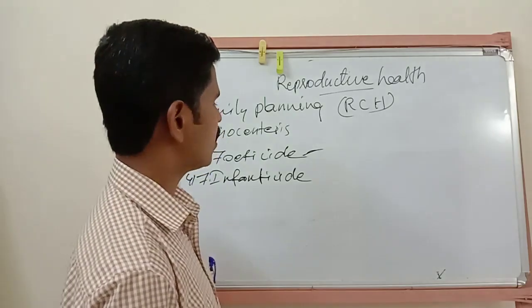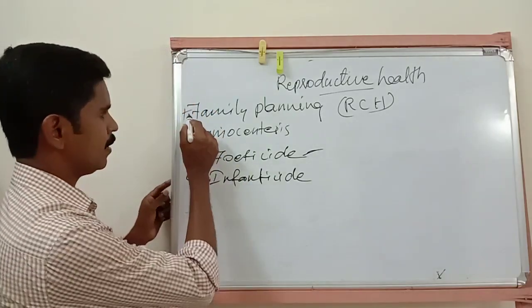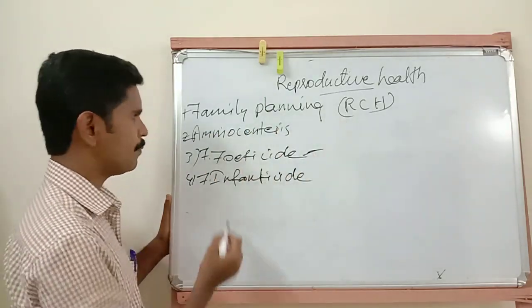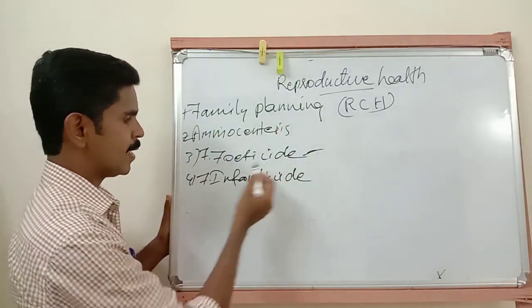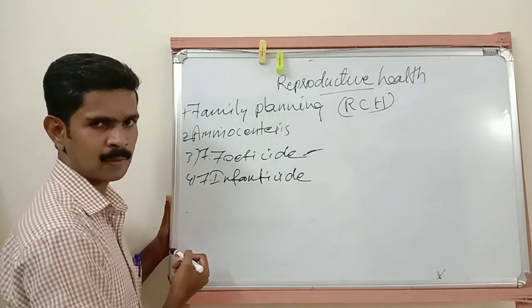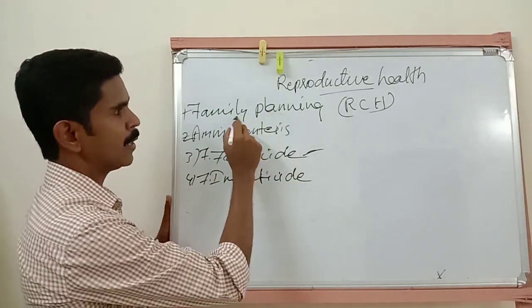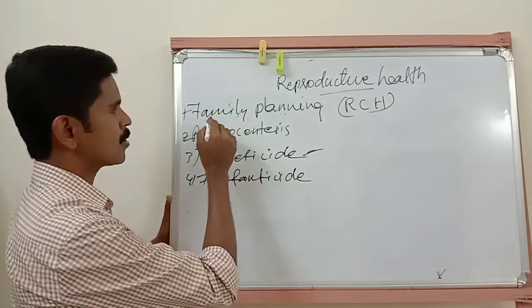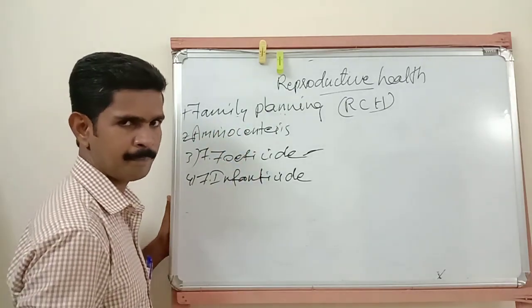So in this chapter we have studied some 2-mark questions: family planning or RCH program, amniocentesis, feticide, infanticide. For family planning, the main aims are 5 in total, and this question may be asked as a 3-mark question.